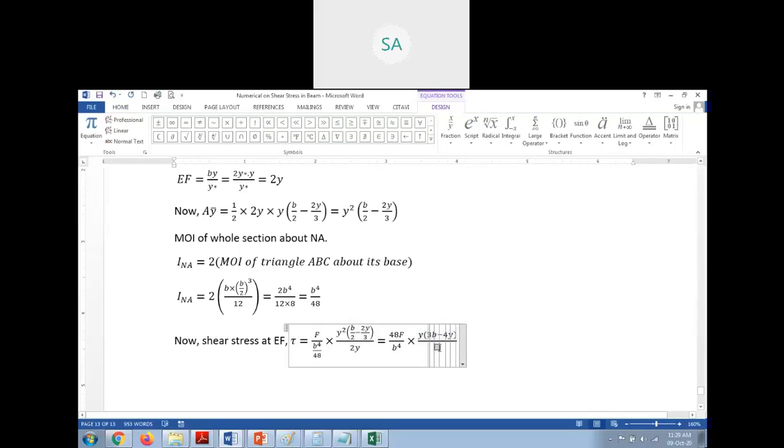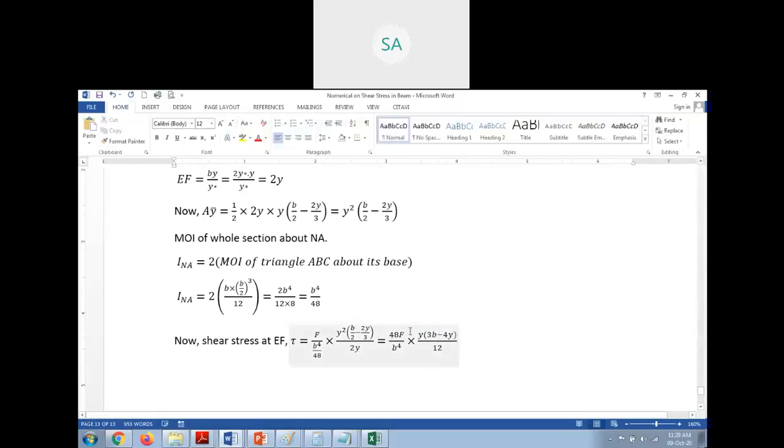In the denominator now I have only 2 here. 2 into 6, so that will become 12. Right? So this is what we get. Now this 12 and 48 get cancelled, and I get 4f by b raised to 4 into this.